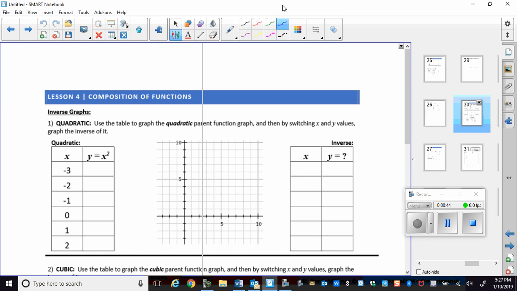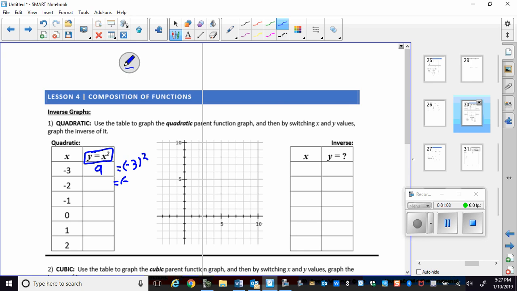Right now they give you an equation and an x value. You just have to find the y value for each x value. So my first y equals, when x equals -3, it's squared. So -3 times -3 is 9.